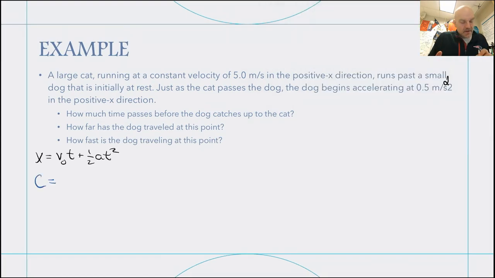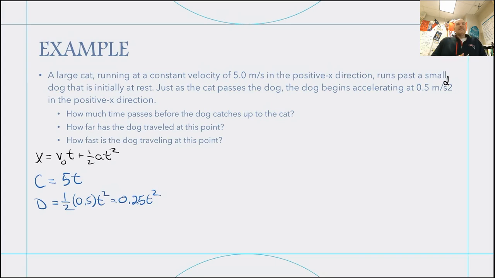The cat has a constant velocity, so it has no acceleration, and it is going at 5 meters per second. The dog has no initial velocity, and its acceleration is 0.5 meters per second squared. So the dog's function becomes 0.25 t squared.